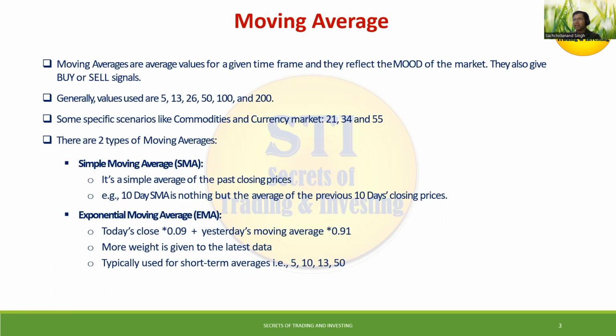And the more important thing is that the most recent data will have the most weightage as compared to the past data. The typical usage of these moving averages is as short-term averages, for example 5, 10, 13, or 50. When to use long-range moving averages, we will discuss in subsequent slides.